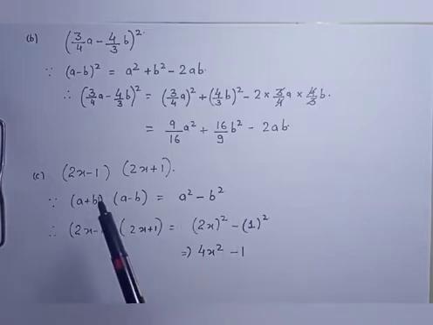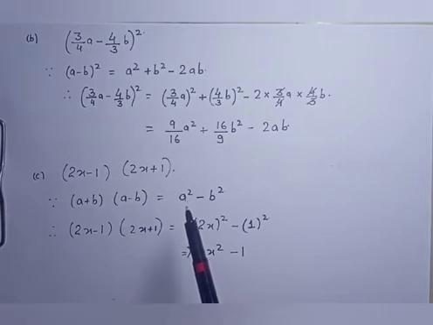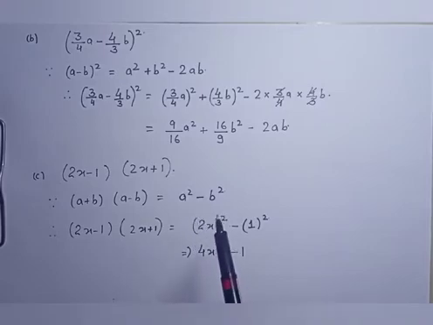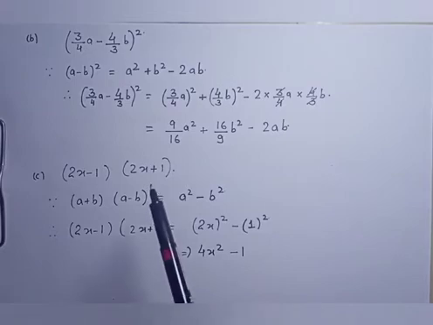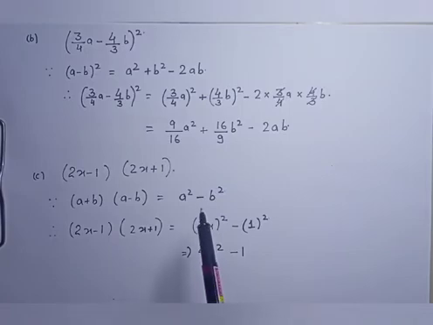As we all know, (a plus b) in one bracket multiplied by (a minus b) in one bracket is equal to a square minus b square. So if we place the value of a as 2x square and b as 1 square, we get 4x square minus 1. I hope all the examples are very much clear to everyone.